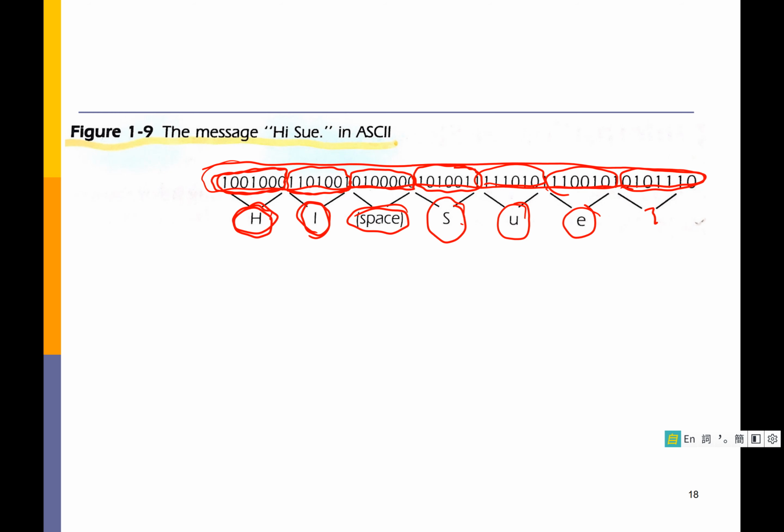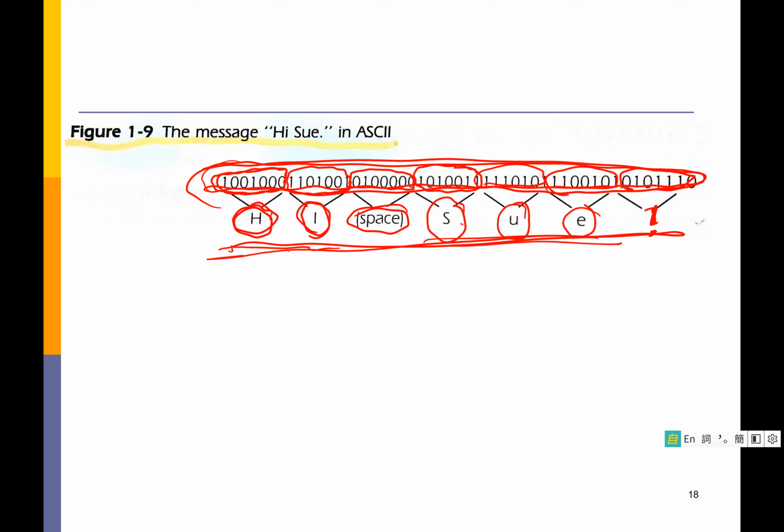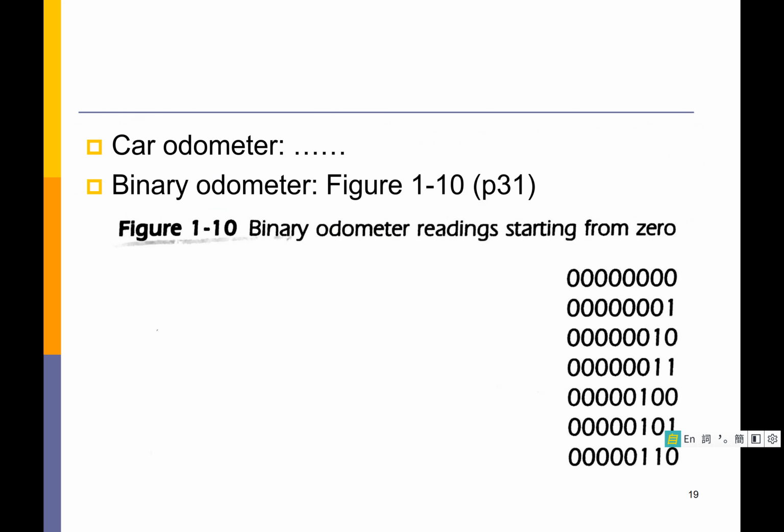I think it is an exclamation mark. Anyway, this sequence of binary values represents Hi Sue. Sue is a name for women, a female name. So it is sending this information to another computer.